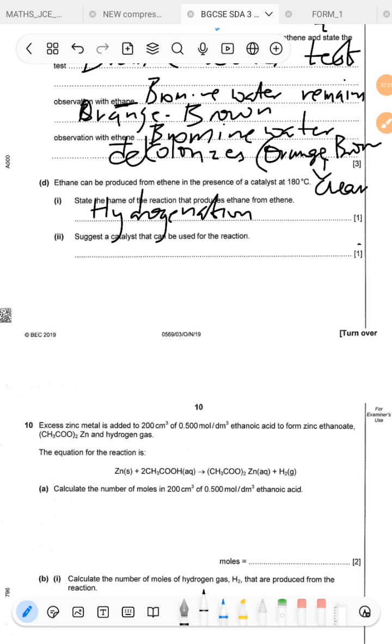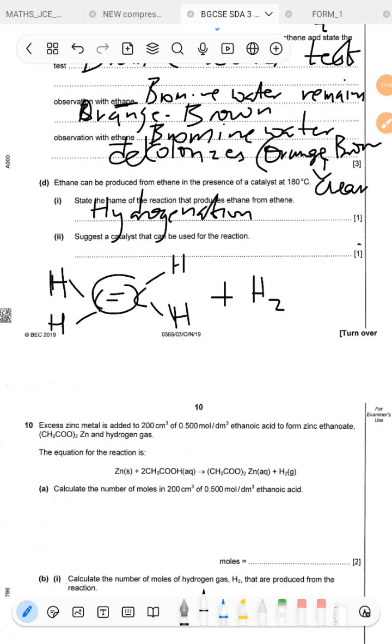So let's write down the chemical reaction. I'm going to use this diagram again, it helps to actually see what's happening. Remember what I said, that whenever you have a double bond, you can convert this double bond into a single bond, hence creating space. Now H2 is the same as hydrogen.